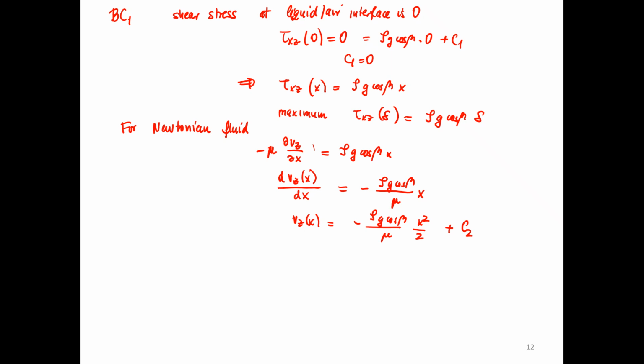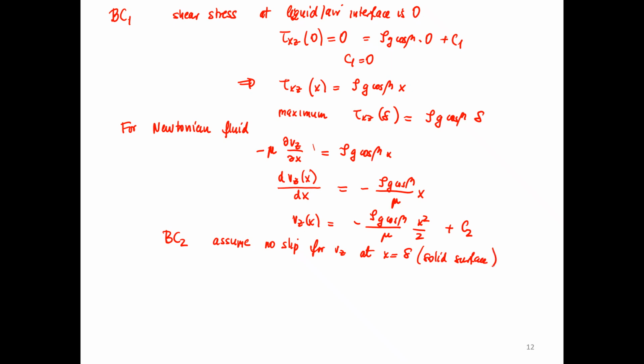Okay, so we're going to apply that BC2. It is an assumption: no slip for Vz at x equal to delta, so that's the solid surface.